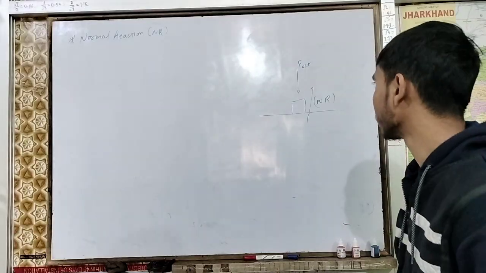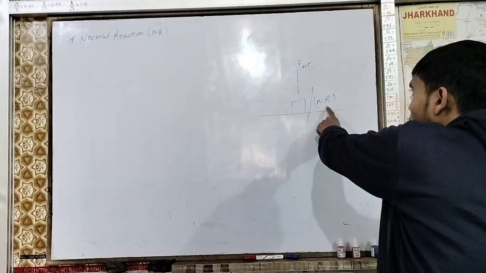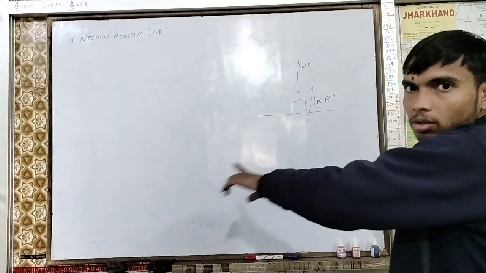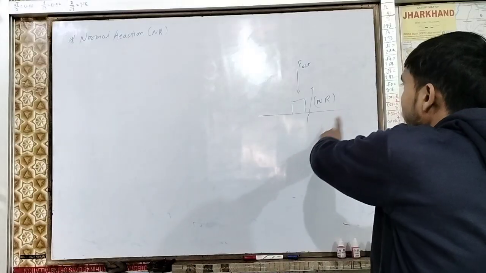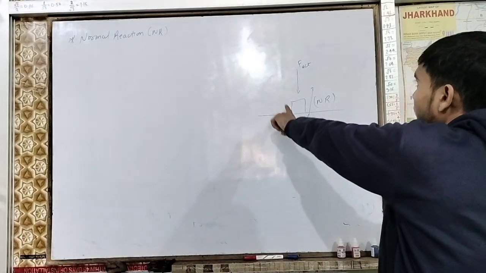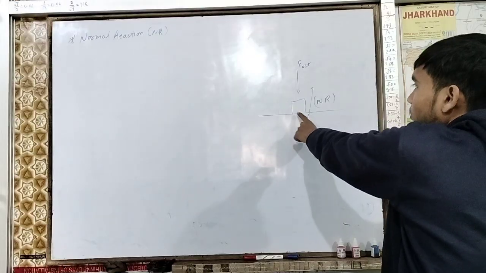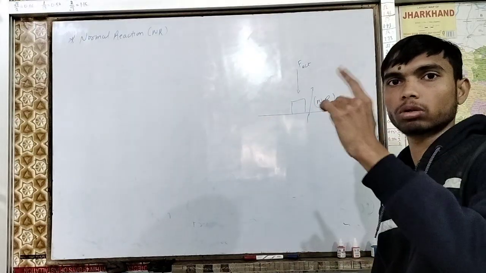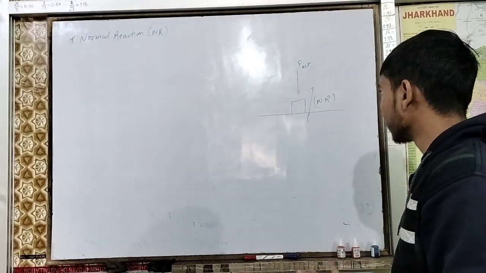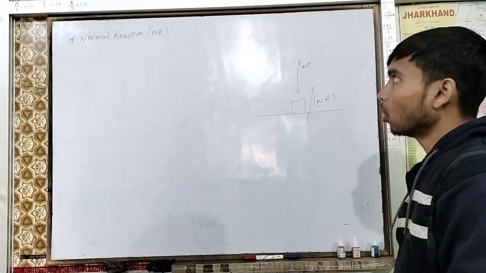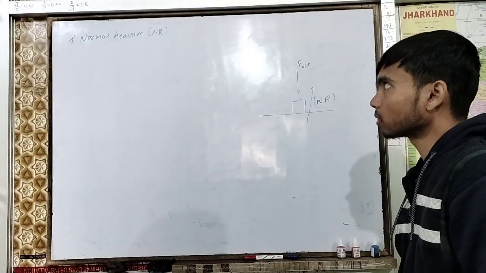So remember, this is a normal reaction of the earth, and the force acting here is on this small box, not on the earth. Clear? And this normal reaction is of the earth. Clear?